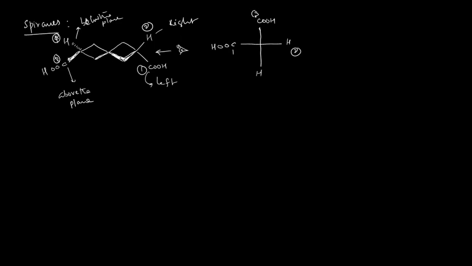So now it is 3, it is 4. Okay. Then forget about fourth group, look at the other three groups. Priority moving 1, 2, 3 counterclockwise. Therefore it has S configuration. That's all. Simple. Okay.